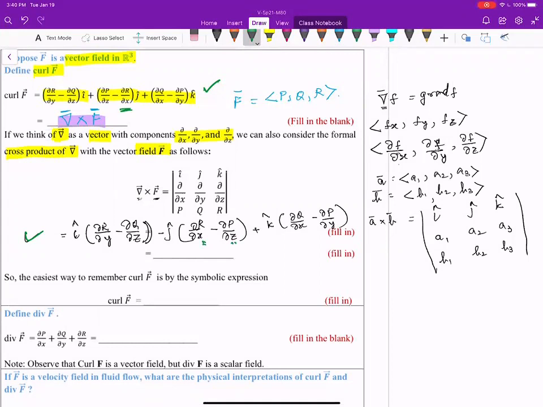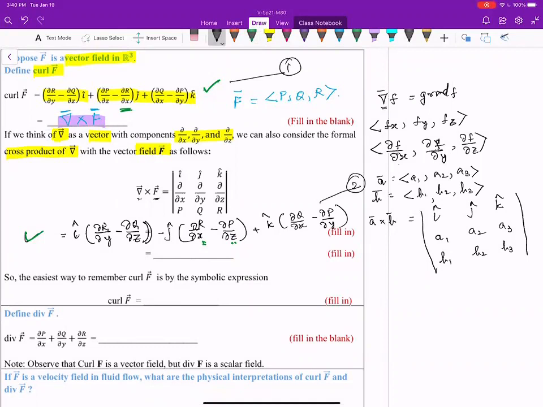So you'll have dou p by dou z minus dou r by dou x. Then k times dou q by dou x minus dou p by dou y. The two expressions that we have, namely this expression and this expression, are one and the same.